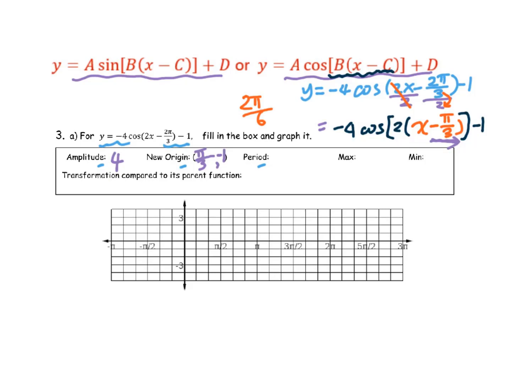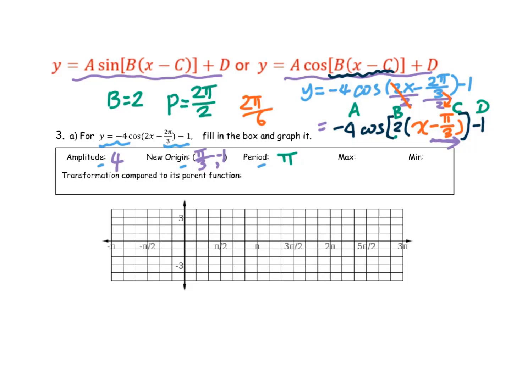Period: that's B equals 2. This is A, here's B, this is C, here's D. For period, we got 2 pi over B. That means pi.